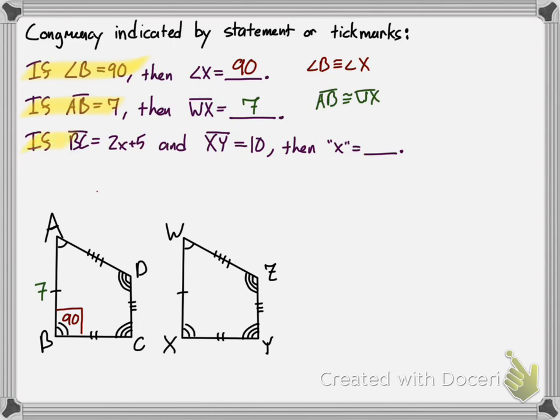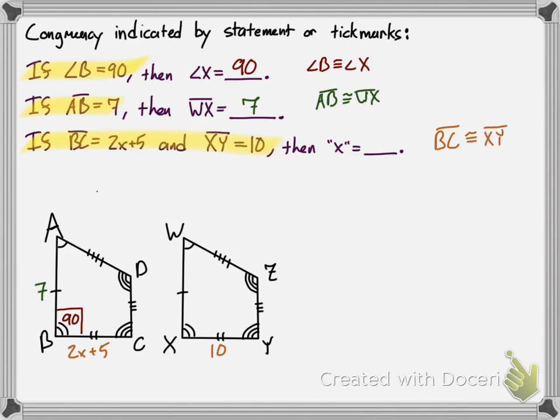And our last question says, if BC is 2x plus 5 and XY is equal to 10, then x equals blank. So here we're finding our variable. So I'm going to label that information that was given to us in our picture here. BC is 2x plus 5. And XY, that is our 10. And from the statement from our previous slide, we know that BC is congruent to XY.